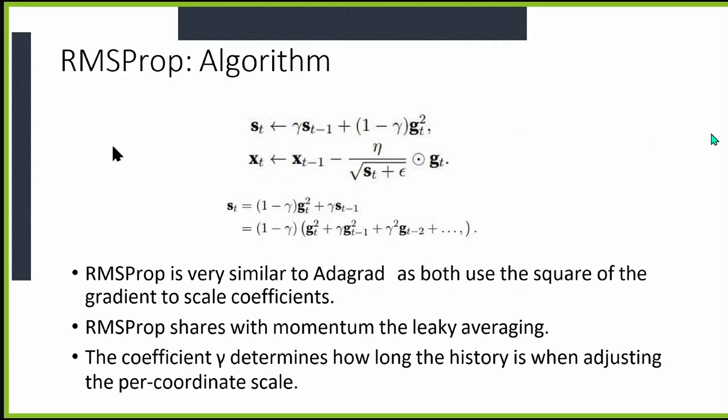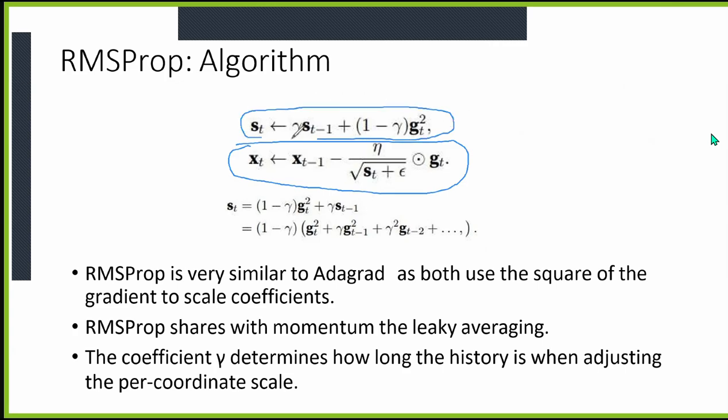As we can see, the weight update formula is the same, but now the accumulated gradient formula has changed, because in the AdaGrad formula, the accumulated gradient was simply updating the most recent accumulation with this timestamp's squared gradient.